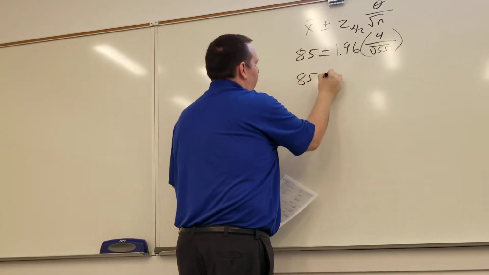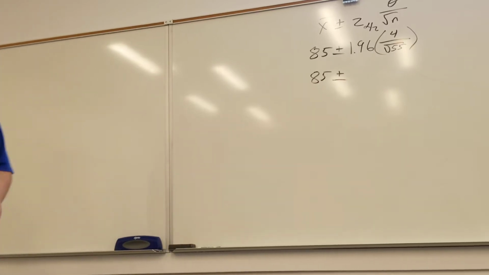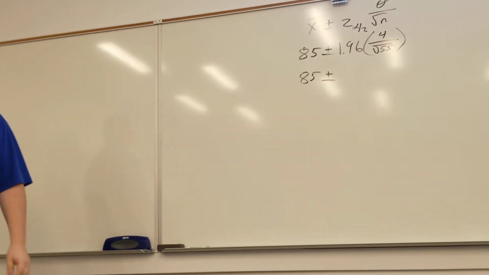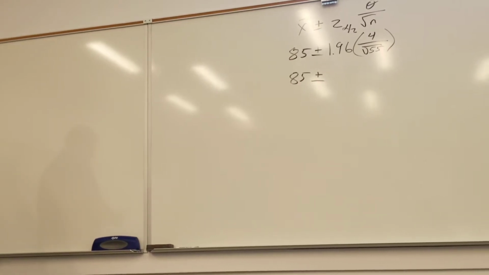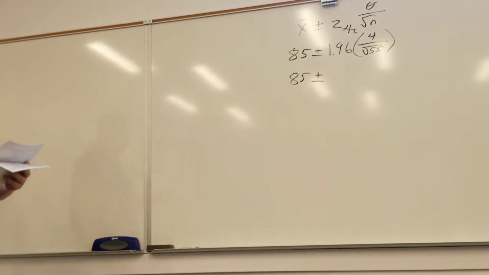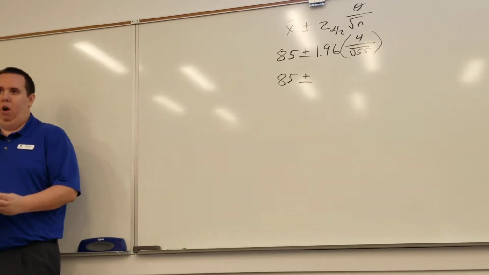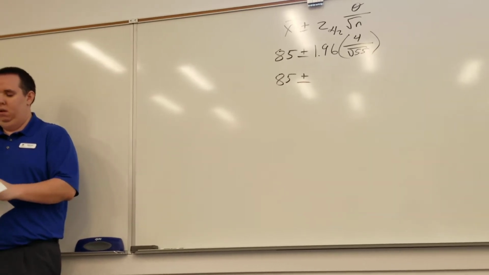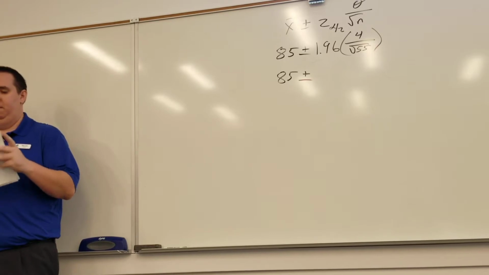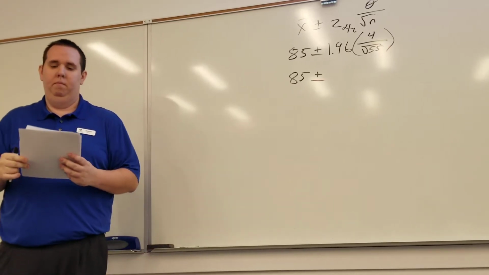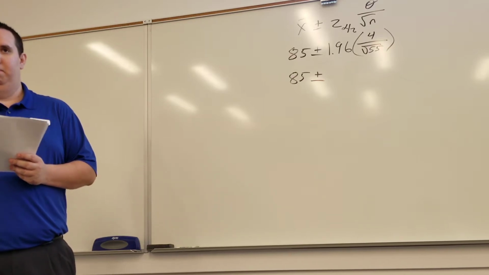So probably the easiest way to do this is find your margin of error first, right? Find everything after the plus and minus. And when we do that, what do we find as our margin of error?